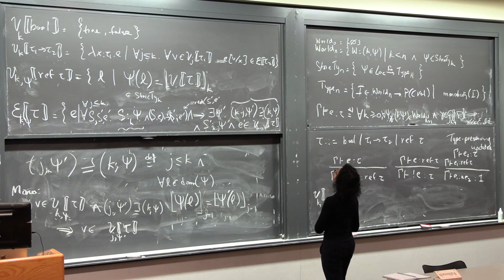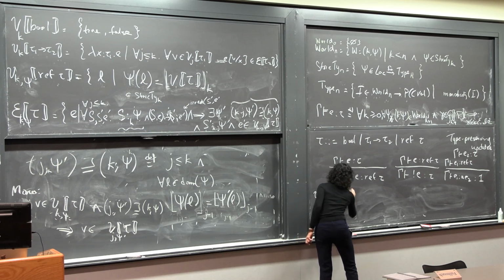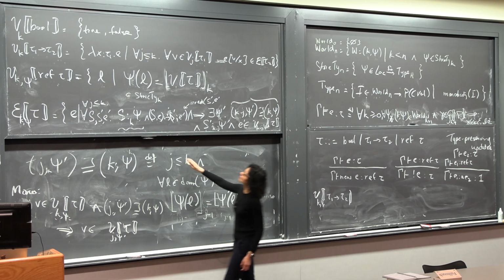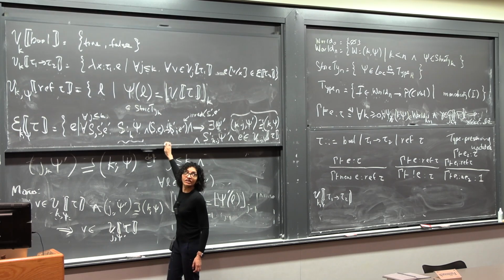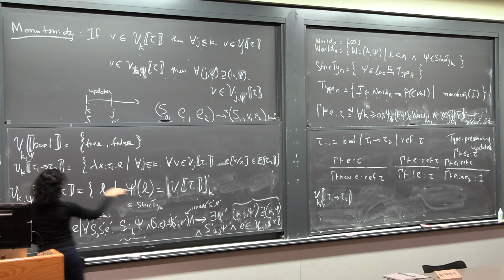Let's just write it out again. Okay, so k psi, tau 1 arrow tau 2. By the way, for Booleans, nothing happens, right? I'm just going to put a psi there, and we're done. But this one, we'll edit over there.